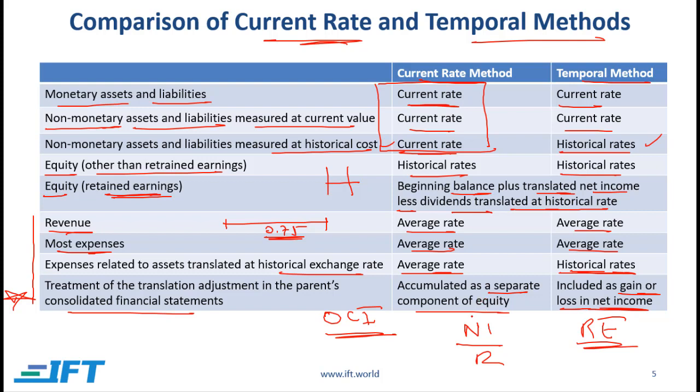But for the company using the current rate method, the net income will not include this separate component that is coming because of the currency translation, whereas the company that is using the temporal method will have a higher net income because of the gain from the translation adjustment. Therefore, before comparing the two companies, we need to adjust the net income so that for both companies, we are considering the translation adjustment.